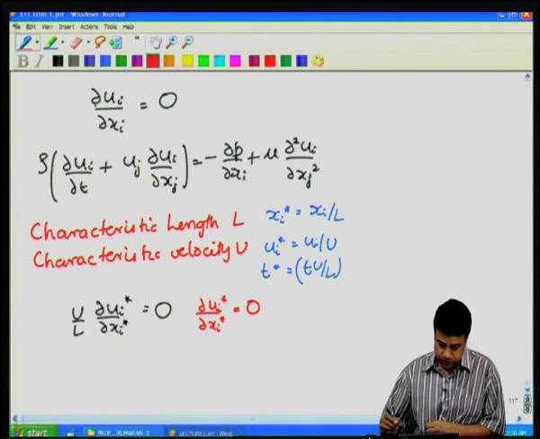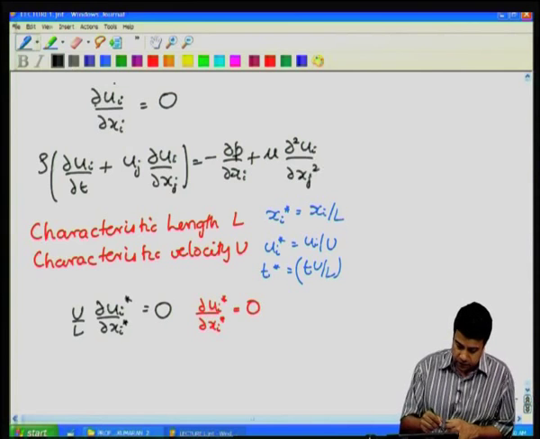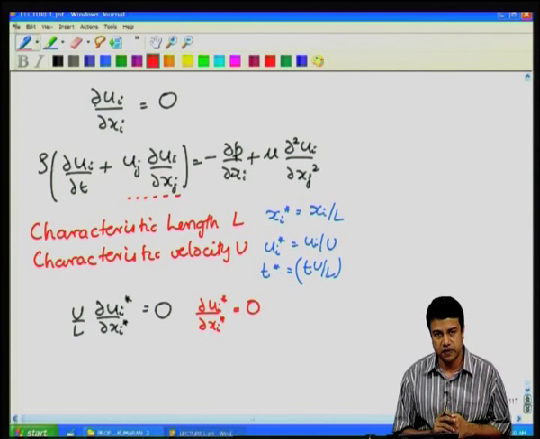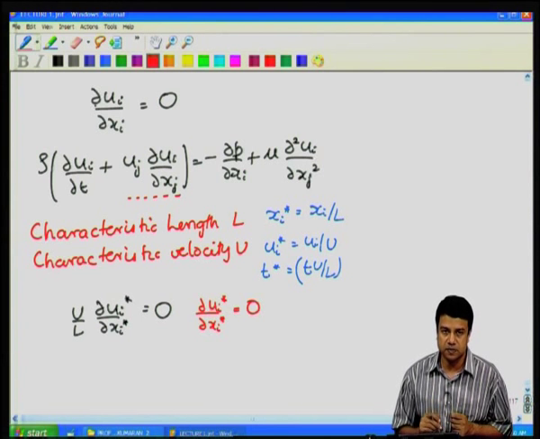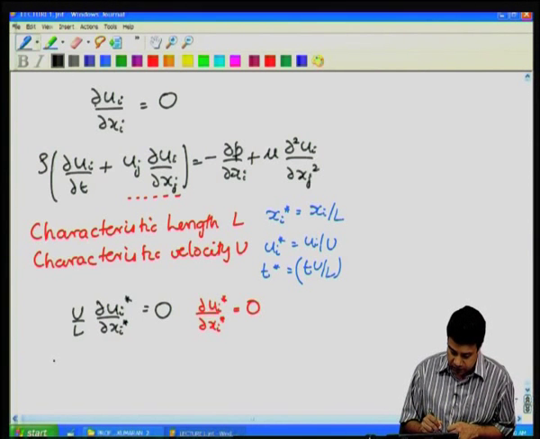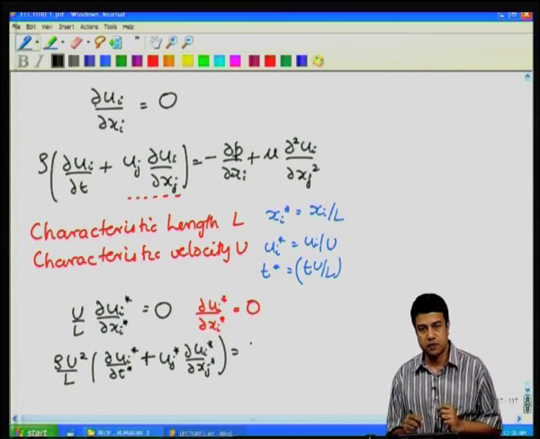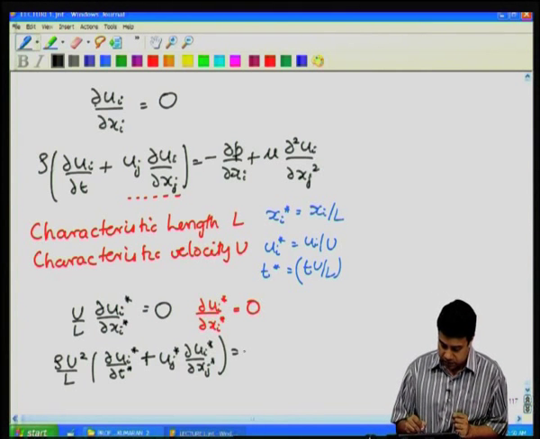Momentum conservation equation, on the left hand side I have velocity square divided by length. Therefore, if I express this in terms of the scaled variables, one can easily verify that you will get rho u square by L times partial u_i by partial t plus the convective term, is equal to minus 1 by L partial p by partial x_i, where the pressure we have not scaled yet, we will come back to that.